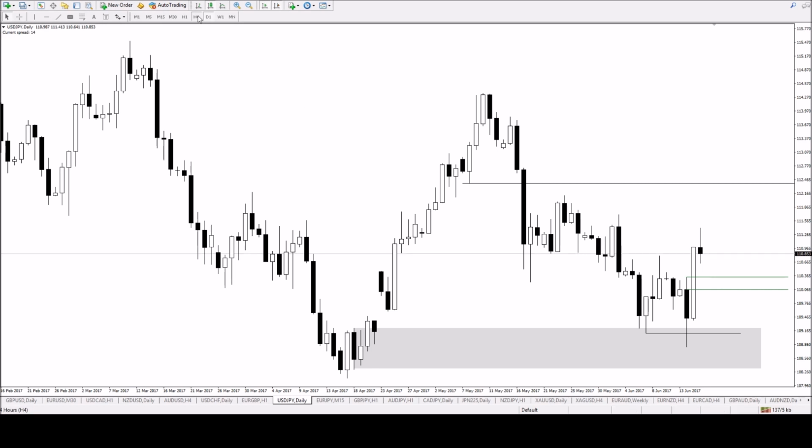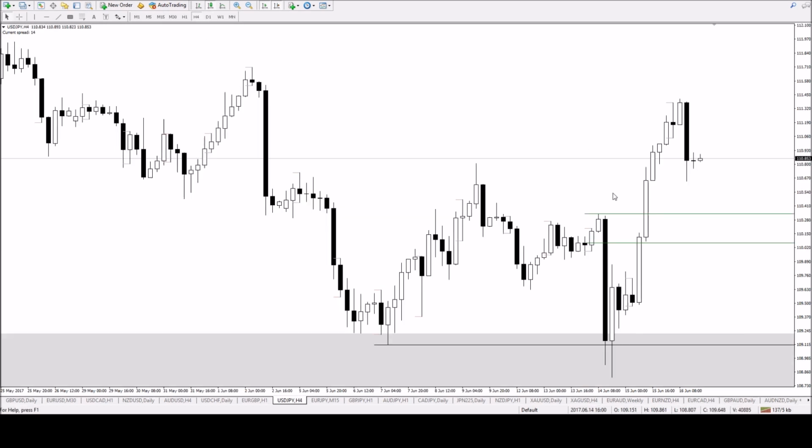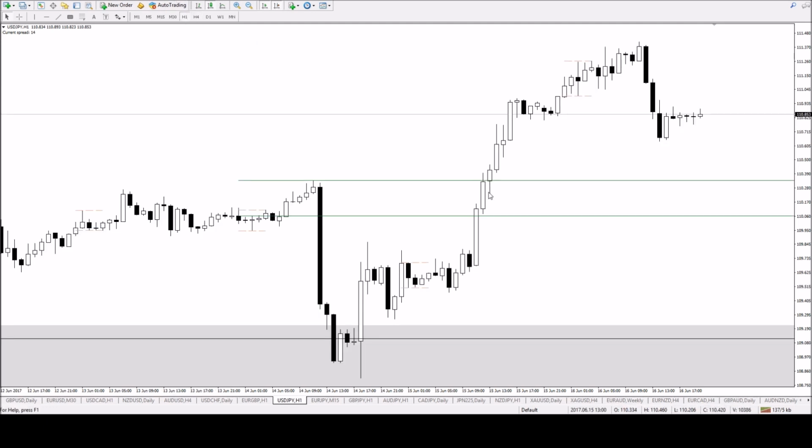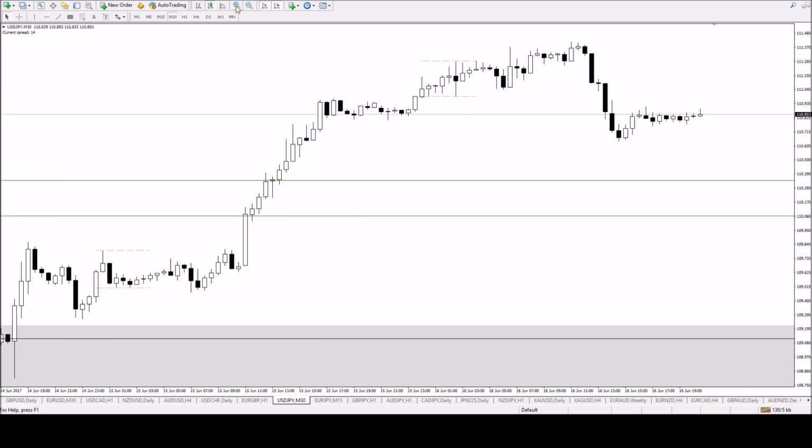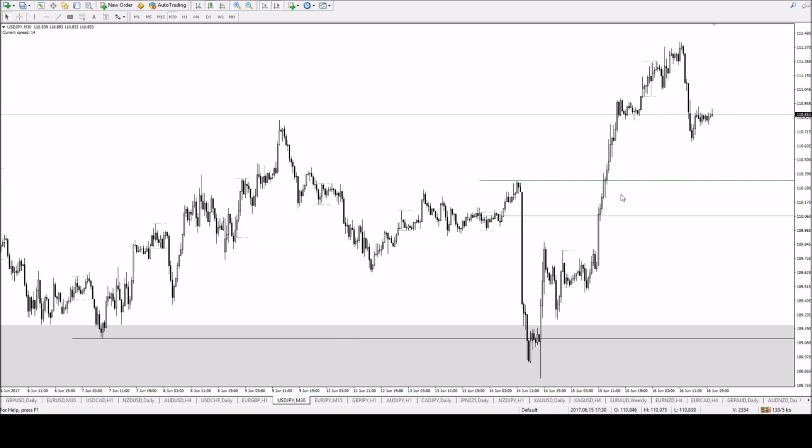Going lower, low time frame, we've got this 4 hour block here. As you can see, it's a nice area, a nice support, well, resistance turned support area. So I'll be looking for price to move down into here. It could come down deeper and fill this in and come into here for a buy.